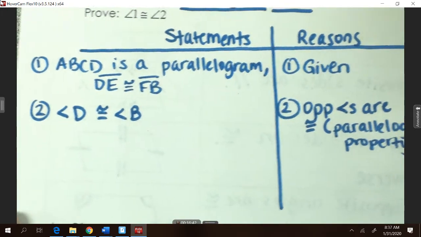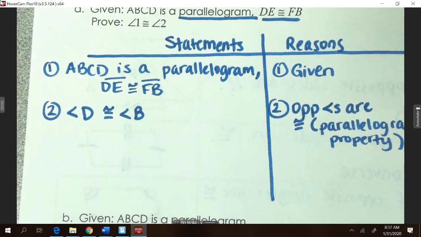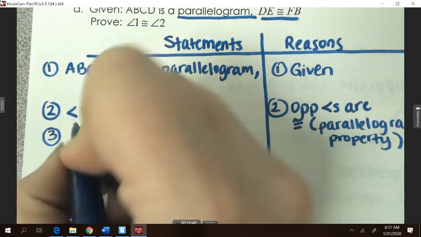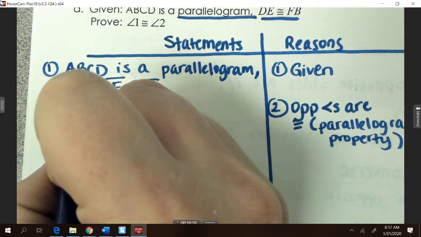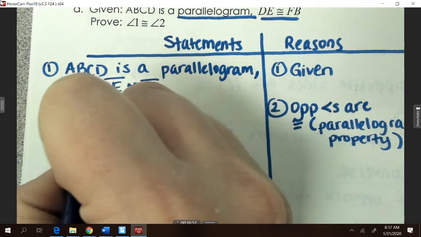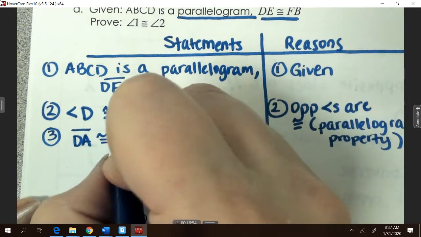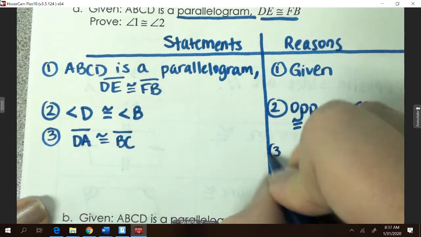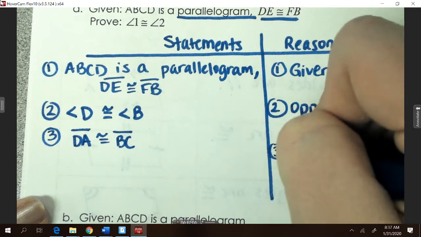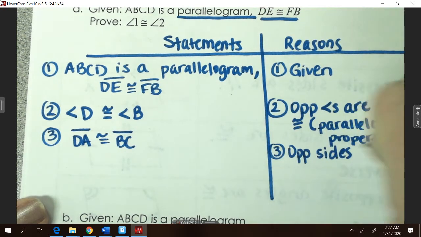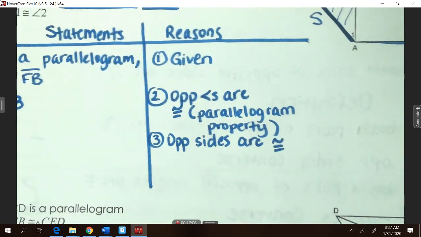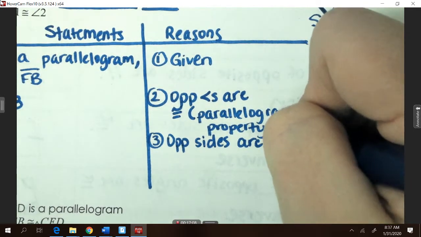So I'm going to come back over here to my statement, and I'm going to put in for step 3 that segment DA, or AD, is congruent to segment BC, or you could put CB. And that's because opposite sides are congruent. Okay, and again, that's a parallelogram property.